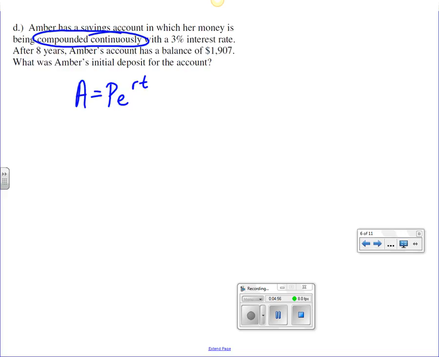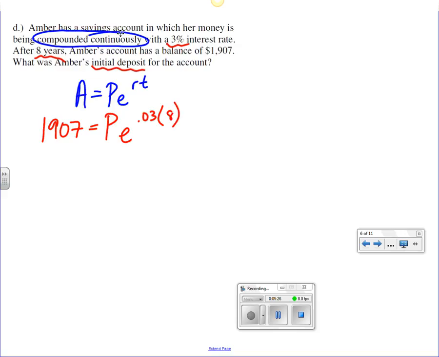All right, so Amber's account has a balance of $1,907. That's the final amount. What was the initial deposit? We don't know. So P is our variable in this case. e is going to go in the calculator at some point. r stands for rate, so 3%, 0.03, and your time is 8.